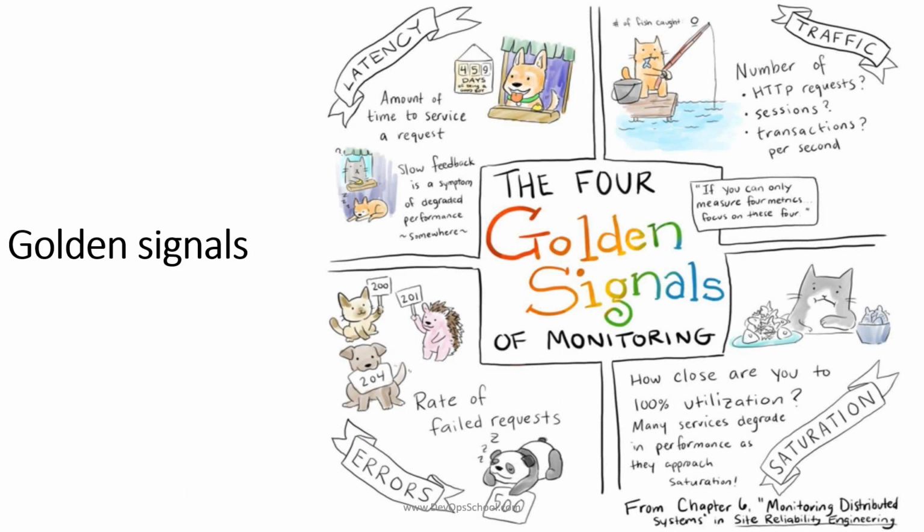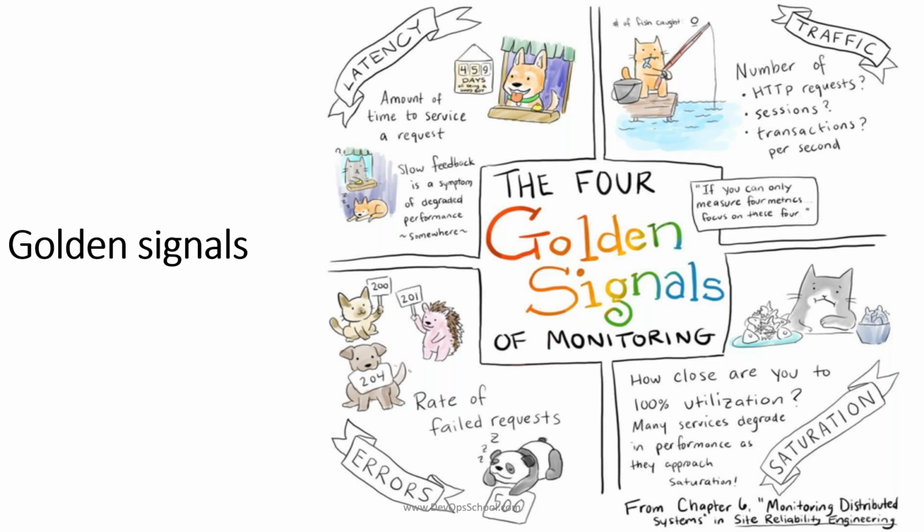Now, for the last few years, I think two years, we have also been using a set of signals called golden signals. No matter which tool you go for, you will see these golden signals. We set up monitoring based on latency, traffic, errors, and saturation.